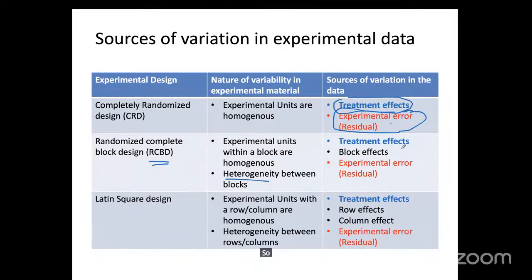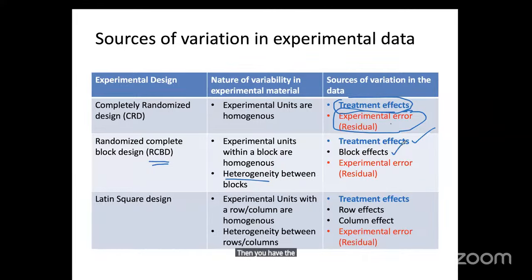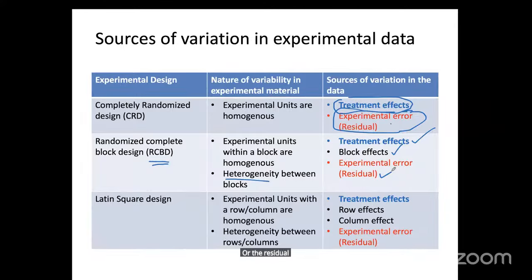So here, when it comes to the sources of variation, you have the treatment effect, just like in the case of CRD. Then you have the block effect, and then we also have the experimental error or the residual, what remains.